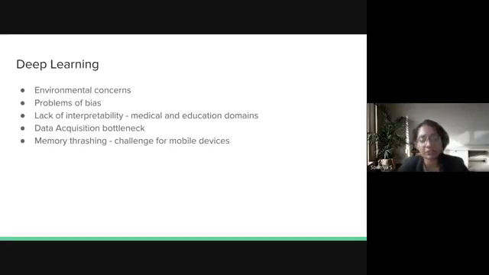Similarly, in the education domain, say when I'm working with word problems, if it is not interpretable, if I just have, say, an equation and I don't know how that equation has been generated, if I want to develop a program that will correct students' mistakes, I have no model to do that.